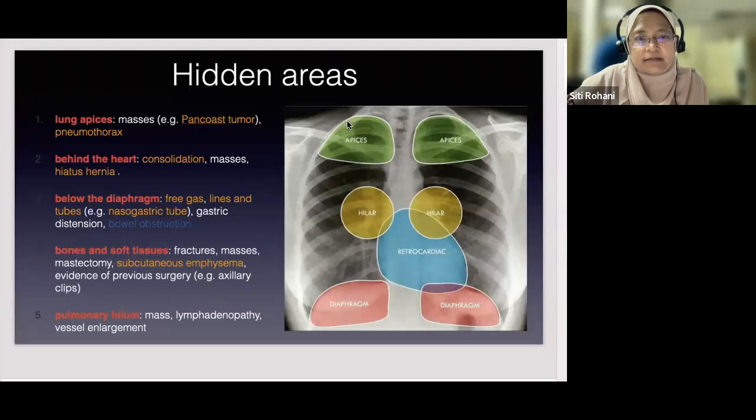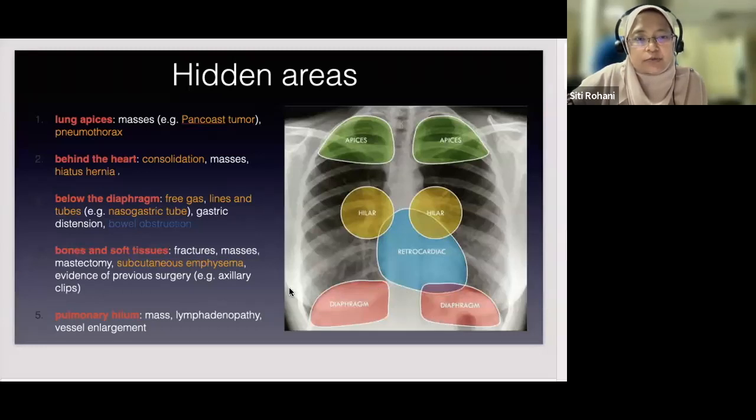The lung apices are very important to review; specifically review the lung apices, look for masses and pneumothorax. Behind the heart, retrocardiac, look for consolidation, mass, or hiatus hernia. Below the diaphragm, you can look for free gas, pneumoperitoneum, lines and tubes. The nasogastric tube should be below the left hemidiaphragm. Look for gastric distension or any bowel obstruction.